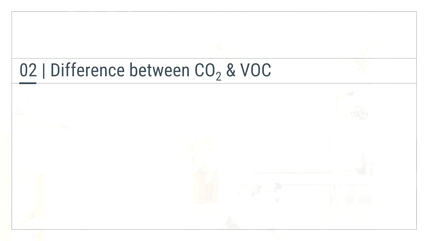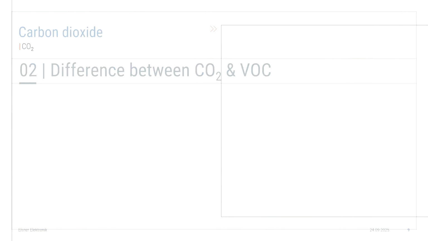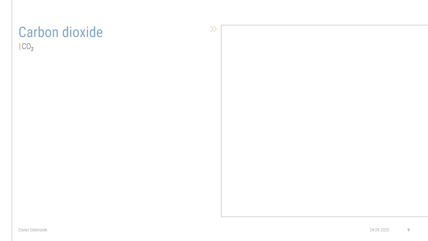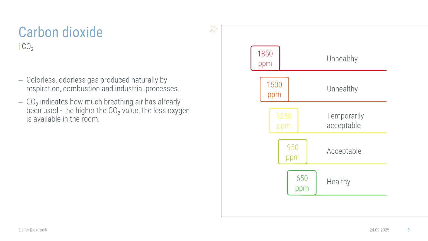Okay, now we come to the difference between CO2 and VOC. Let's start with carbon dioxide, CO2. CO2 is a colorless and odorless gas produced naturally by respiration, combustion and industrial processes. CO2 indicates how much breathing air has already been used.